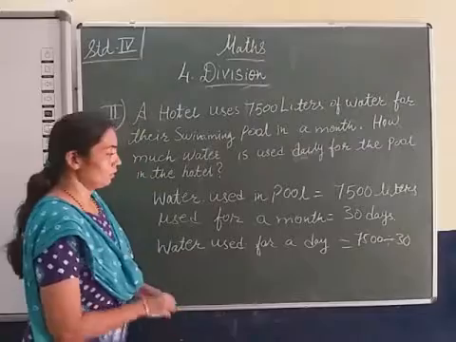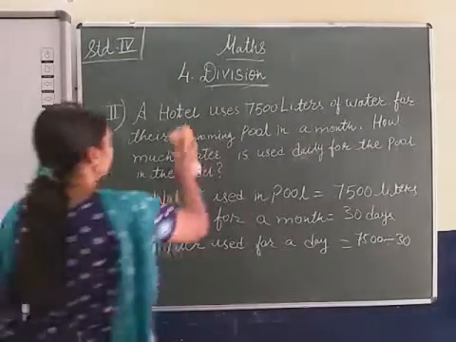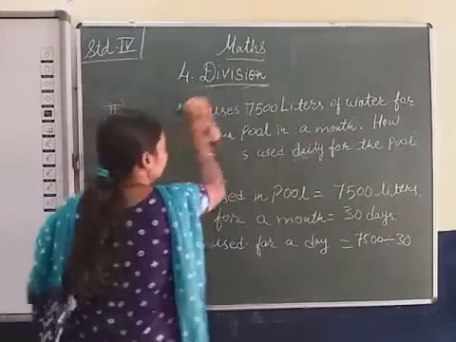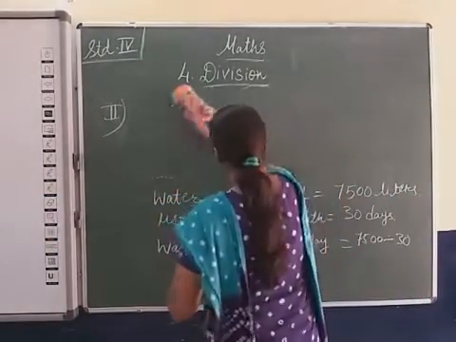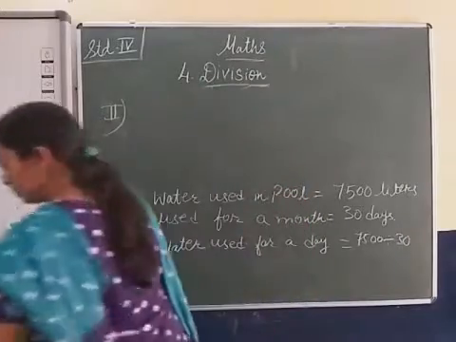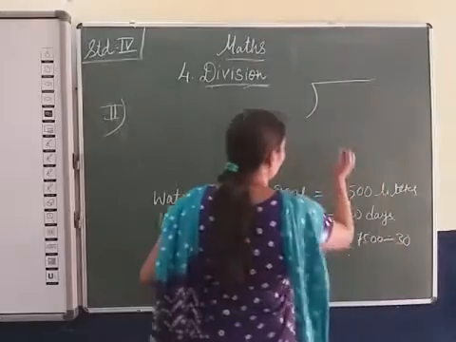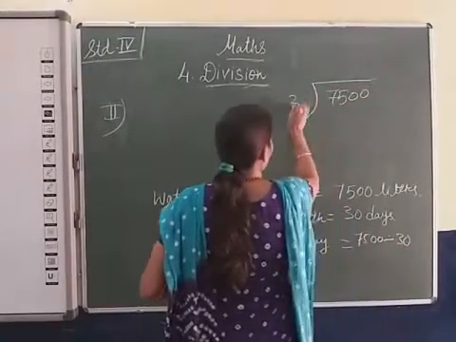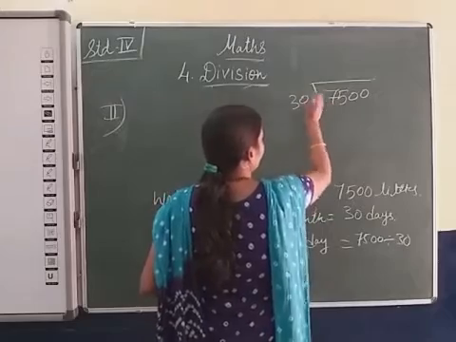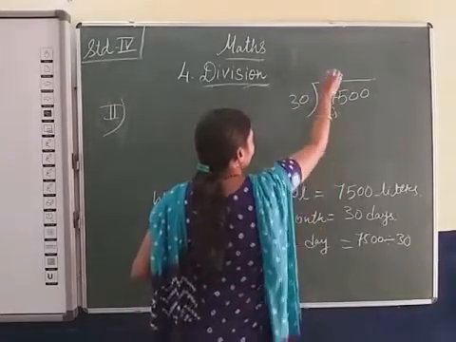Okay, let me divide. Here 7, so we put 0 here.